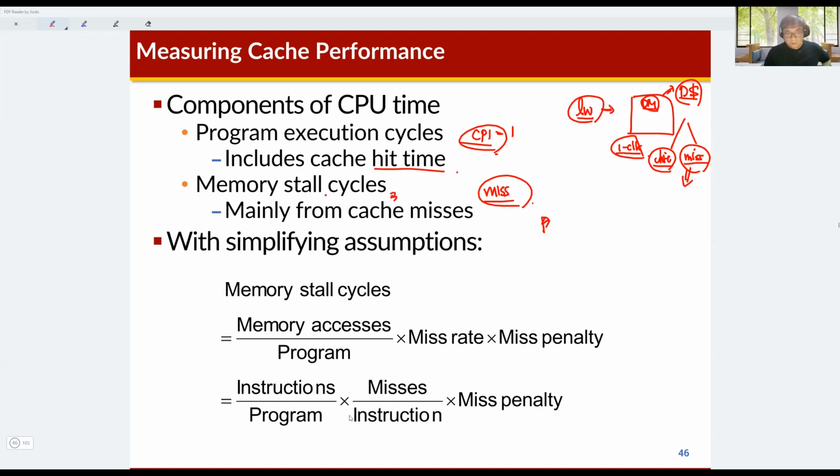And how can you calculate these memory stall cycles? Memory stall cycles are caused by cache misses. So we can calculate the wasted cycles by cache misses like this.